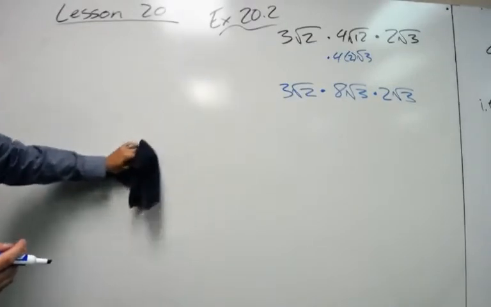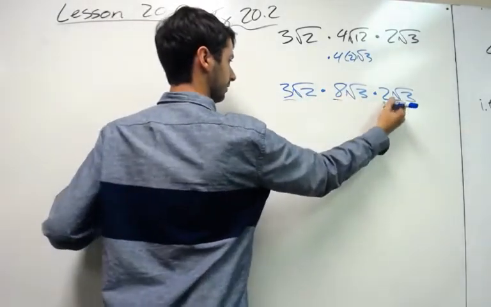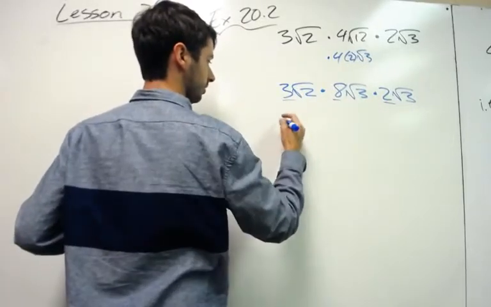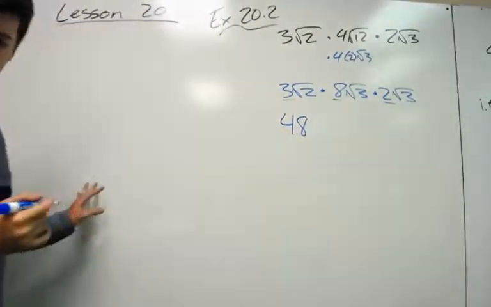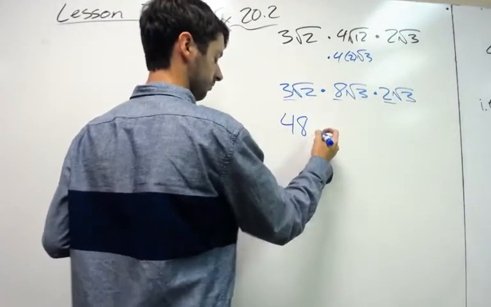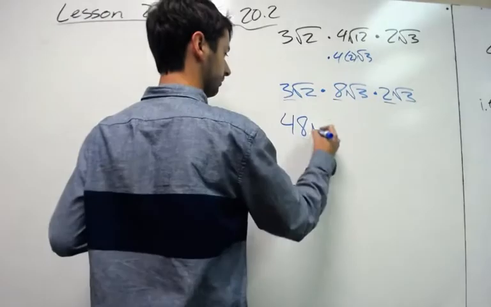So now we can multiply. And when we multiply, what I would do is multiply the whole numbers. 3, 8, and 2. 3 times 8, 24, times 2, 48. And then you're left with, one second, make sure that's right. Okay. Then you're left with radical 2. Yeah, this is right.